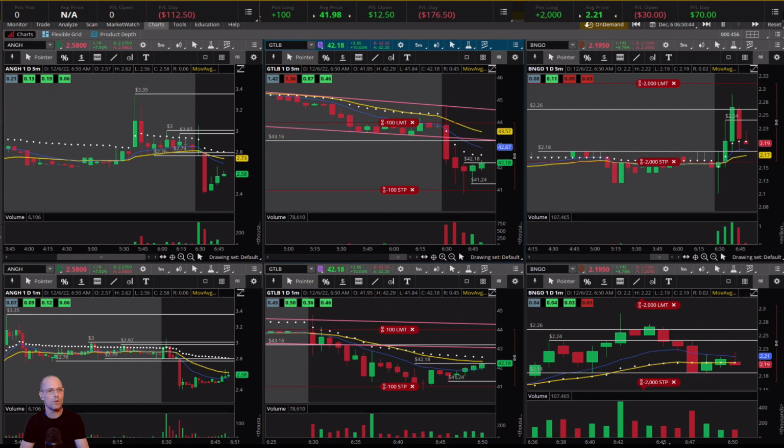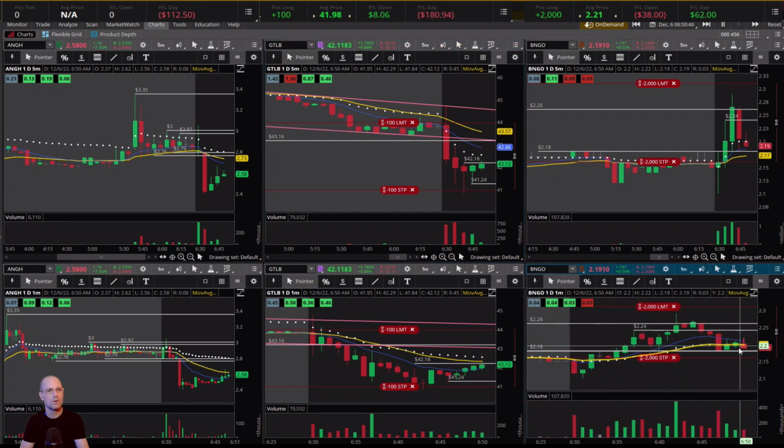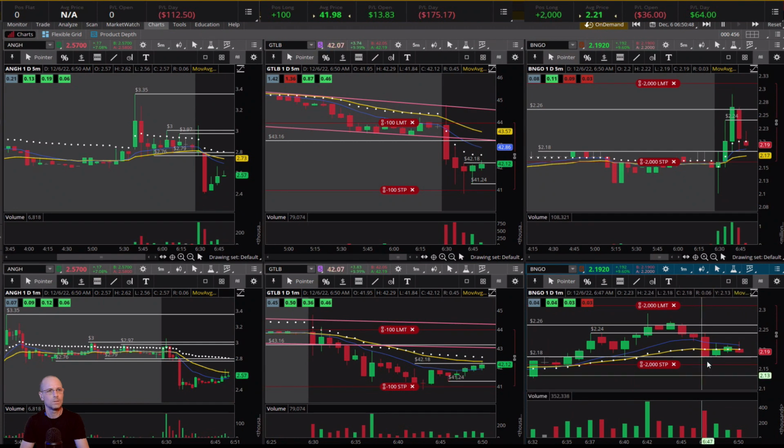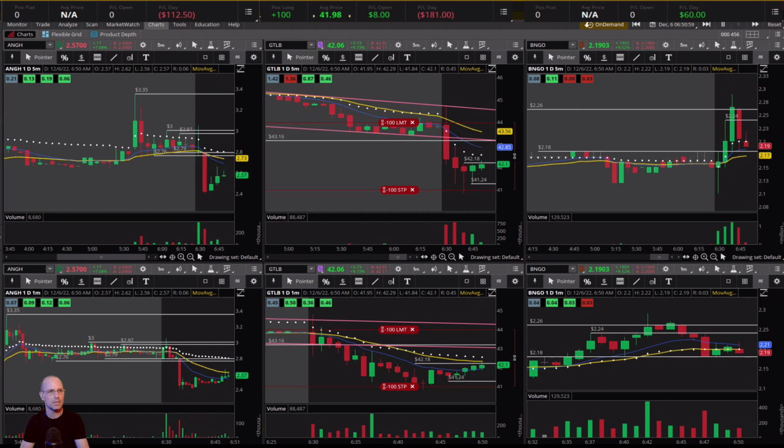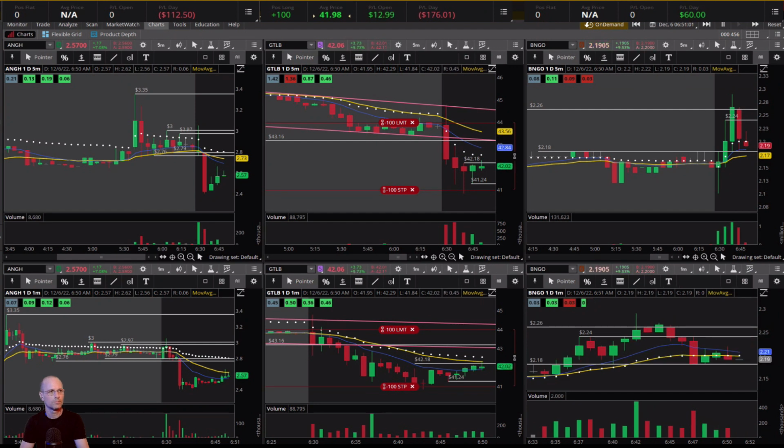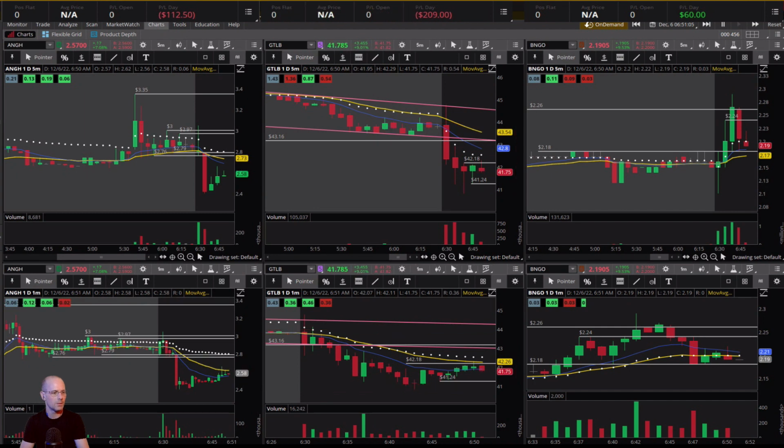Also looking for a lower high on BNGO. A little bit of a, well, it's turning into a bit of a bear flag there. I'm getting out of BNGO, just taking the loss on it. If it looks like a bear flag, it might be a bear flag. And I'm exiting on GTLB.